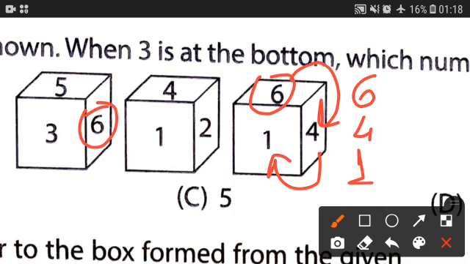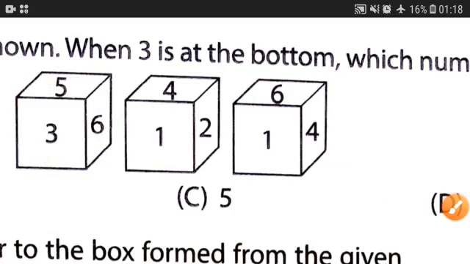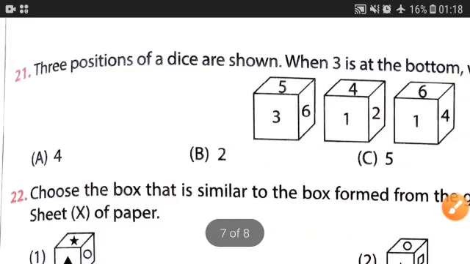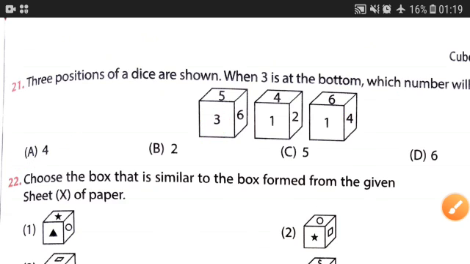Similarly, in that we have 6, after that we have 3, 6, then 3, then 5. So clearly this 4 and 3 are opposite to each other. So the correct answer for the question is, when 3 will be at the bottom, then at the top we will be having 4. Option A will be the correct answer.